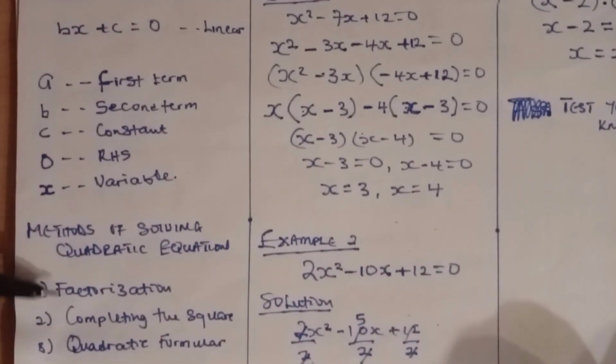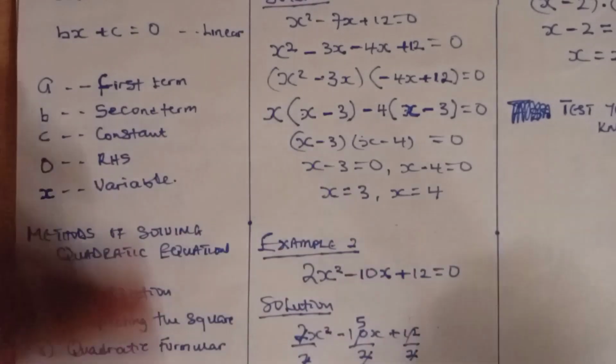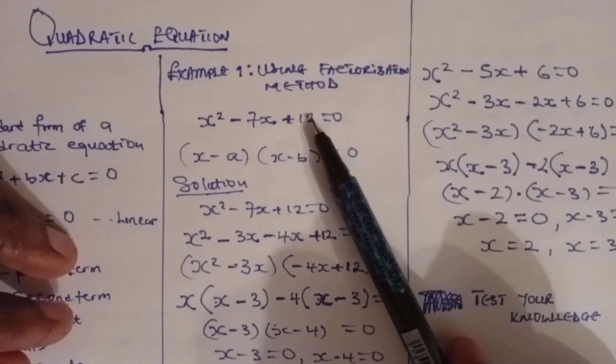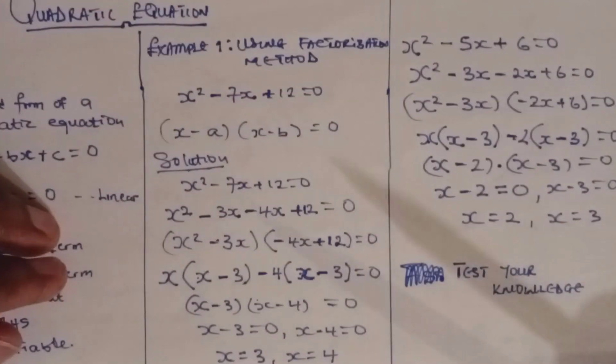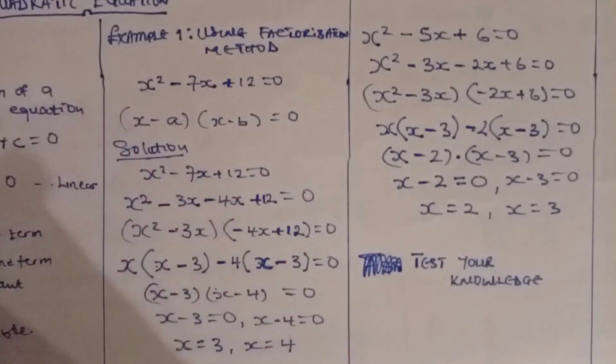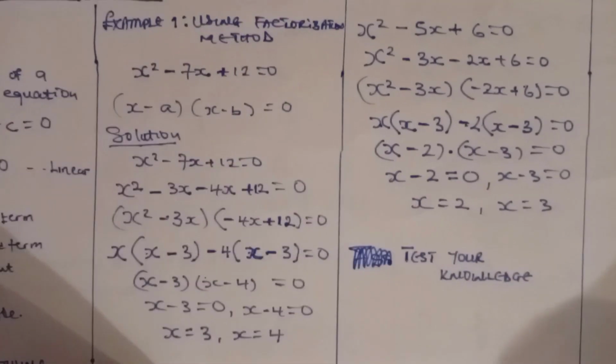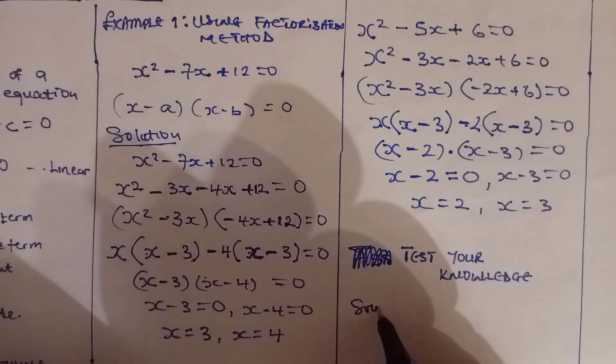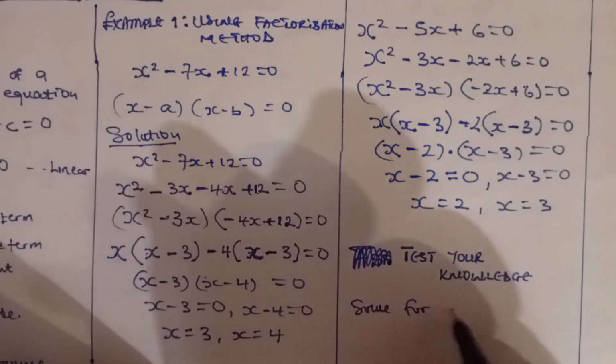So we have 3 methods: the factorization method, completing the square, and the quadratic formula. From our example 1, we were able to use the factorization method and arrive at the answer. So I'll leave you with a question to test your knowledge.